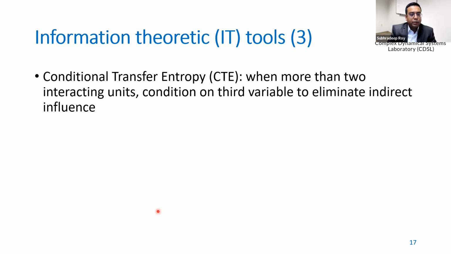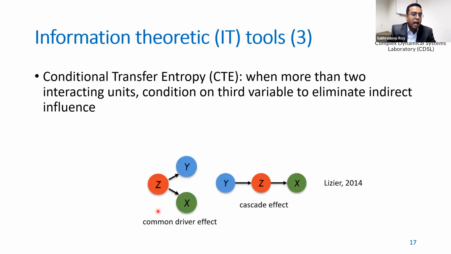When we have more than two interacting units, we have to be a little careful, because the presence of third variables can lead to a common driver effect or cascading effect.